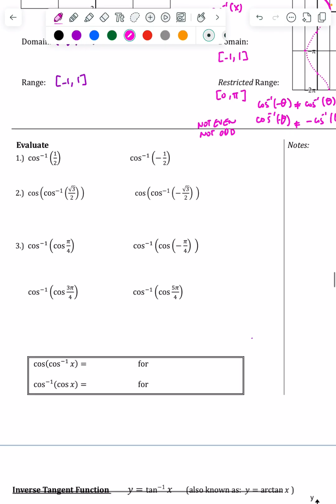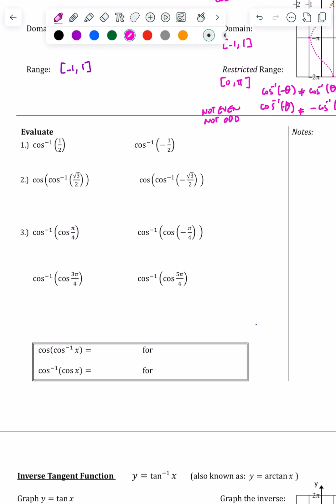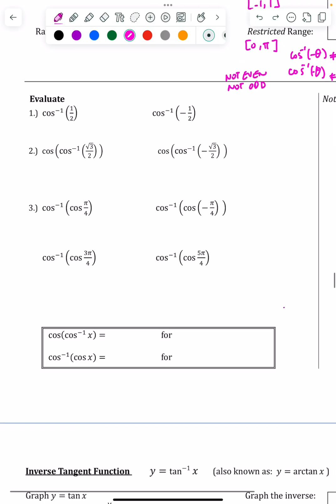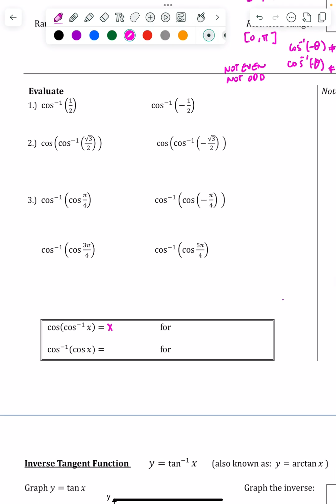So now let's evaluate. I'm going to start with the end here because we already did this for sine and inverse sine. I'm going to start with this table and then go back and fill out some of the values. For cosine of cosine inverse, that's x for all x between -1 and 1.